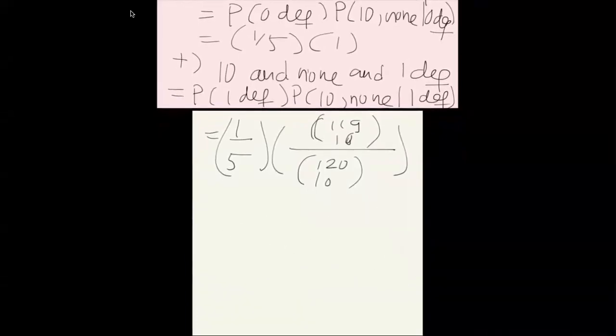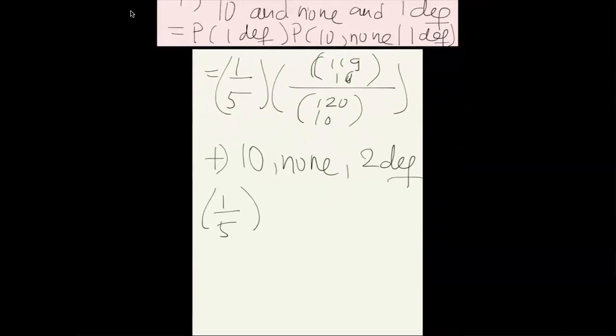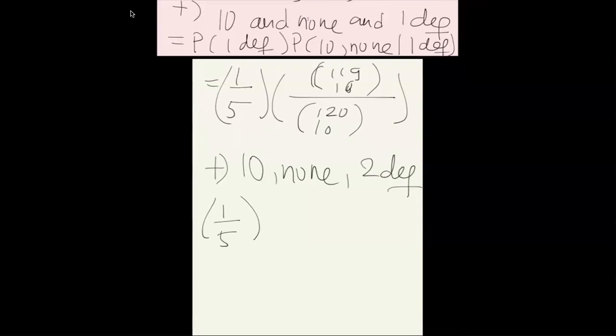If you apply the same logic to get the probability that you get 10 items, none of them is defective, and the box has 2 defective items, then you would get 1/5 for the probability of having 2 defective in the box, multiplied with, given that the box has 2 defective, which means it has 118 non-defective, the chance that you get all 10 non-defective.